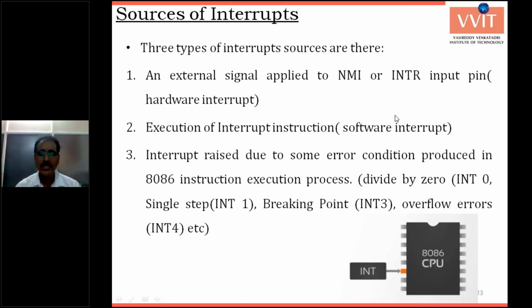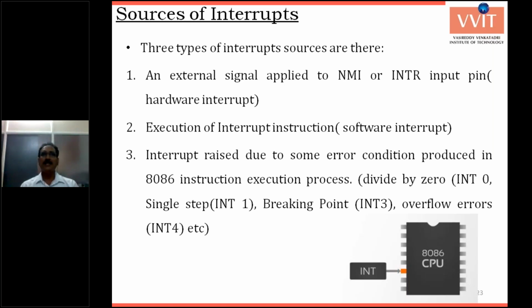One question asks: what is an interrupt, and what are the different types of interrupts? There are three types of interrupt sources in the 8086. One is the external interrupt.